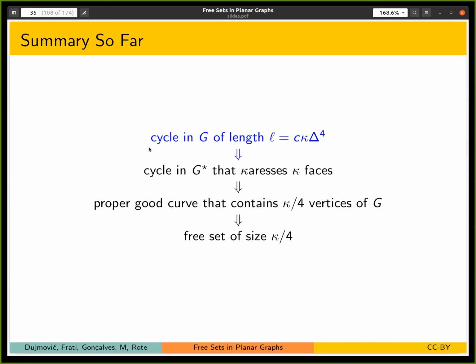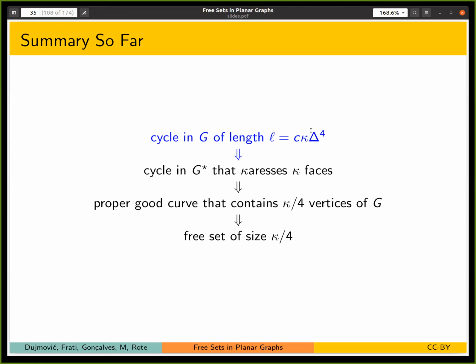So what we would like to show then is if you have a long cycle in G star, in the dual, that you get a cycle that caresses a lot of faces. Now we can't show that. We can only show that if the length of the cycle is at least kappa times some function of the maximum degree, then you can caress kappa faces.